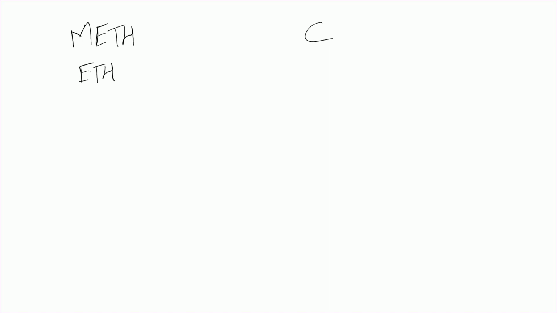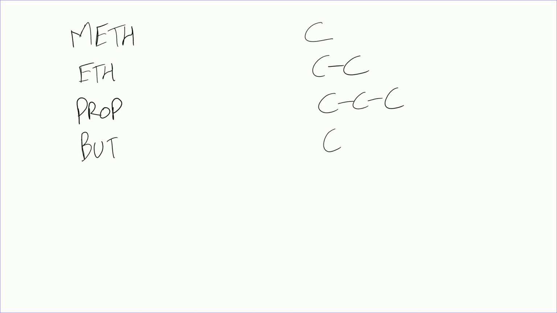If there are two carbons in the chain, we can denote it as eth. If there are three carbons, we can denote it as prop. Four carbons will be denoted as but. And of course, as you move further, it does not have to be a linear chain, obviously. I'm talking about the total carbon strength in the structure.